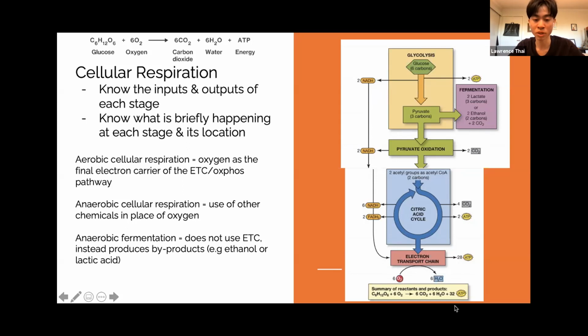The purpose of that is to unload the redox energy stored in these electron carriers and convert it into something useful for the cell to generate ATP.